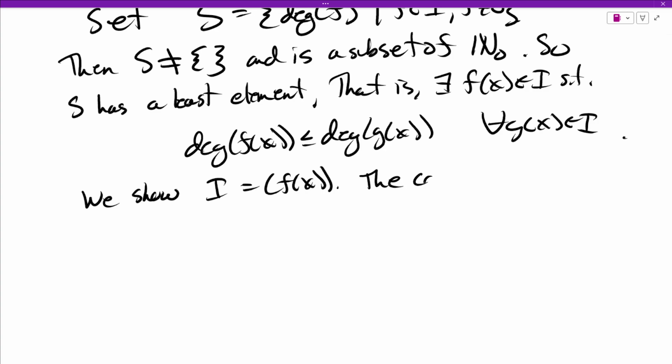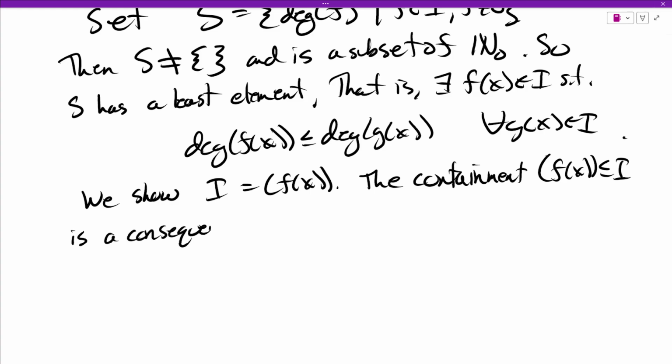The containment this way is clear, as a consequence of f of x being an element of I, and so all the multiples are also in I because I is an ideal.